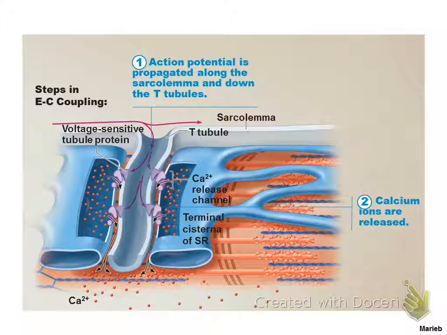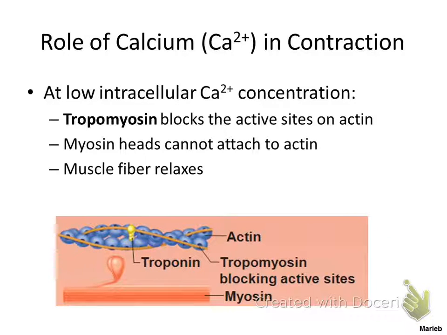But we're not quite done with the EC coupling yet because we need to see where the calcium goes from there. And to understand that, we need to remind ourselves about some of those parts on the sarcomere that we were just talking about. So we already know that tropomyosin is the little rope that's in the way on actin, right? It's not allowing the myosin heads to bind right now.